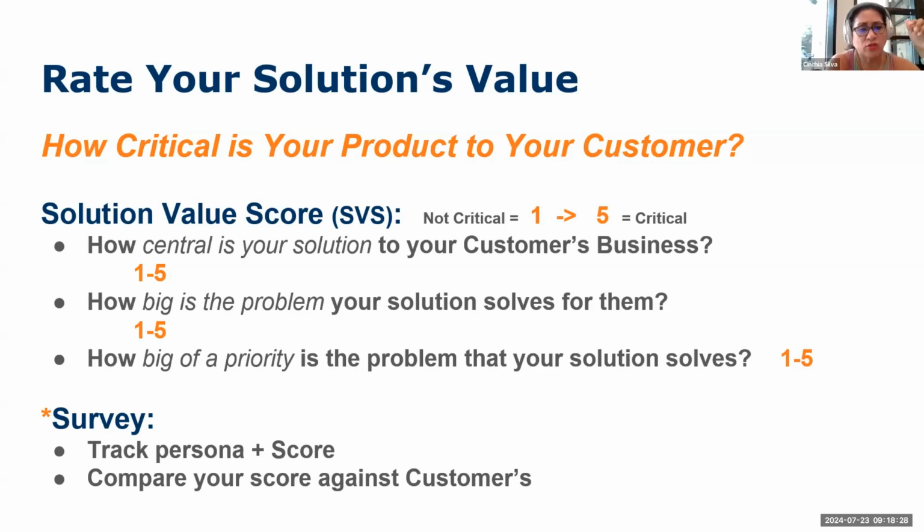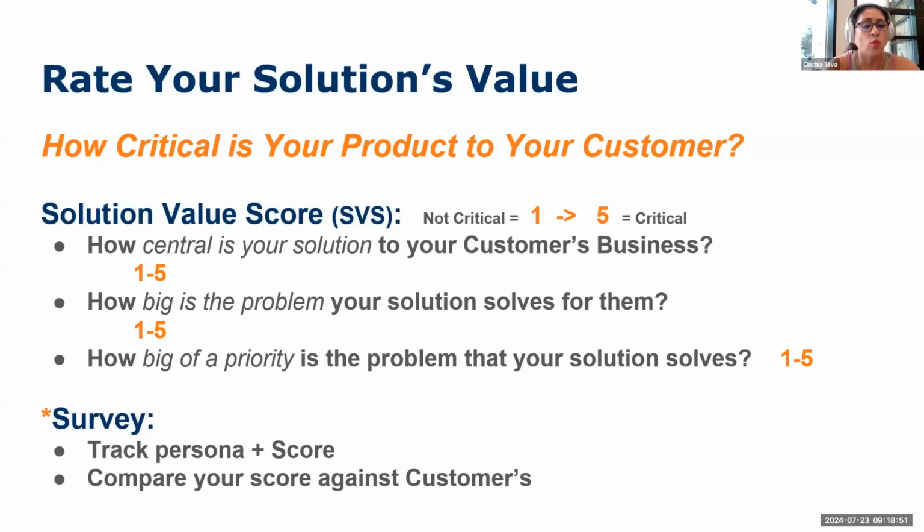Going back to the previous page when we were looking at the different stakeholders, this is classic multi-threading, right? If you were going to contact different levels, an executive buyer versus a user versus a champion, you're not going to approach them in the same ways. Things that are important to them are different. That's where these 3 questions come into play.